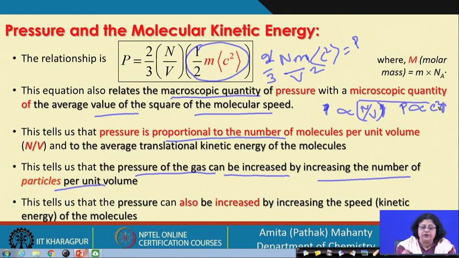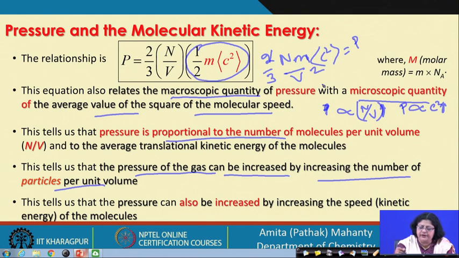So, the interpretation of pressure from the kinetic molecular theory is what we have just now concluded. We initially derived the expression of pressure based on the collision theory, from the collision of the molecules with the walls of the container.